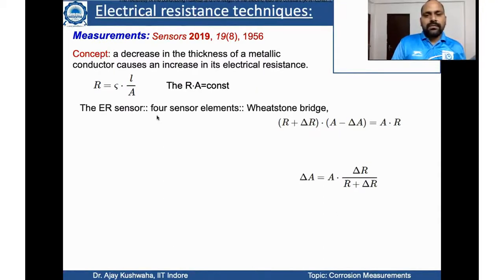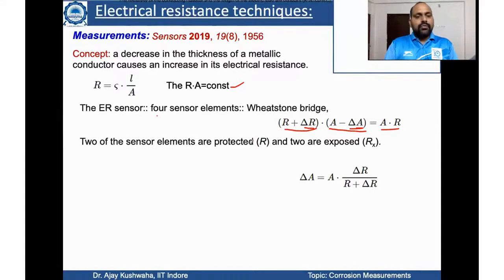So in case of the Wheatstone bridge, let's say R and delta R change, whatever delta R change is happening, this is happening due to the reduction in the area, delta A. So again, if you see, this is the overall resistance after some time, this is the overall area after some time. So the multiplication of these will always be equal to the initial area and resistance. As you see, R into A is a constant value here. So this will be applicable here.